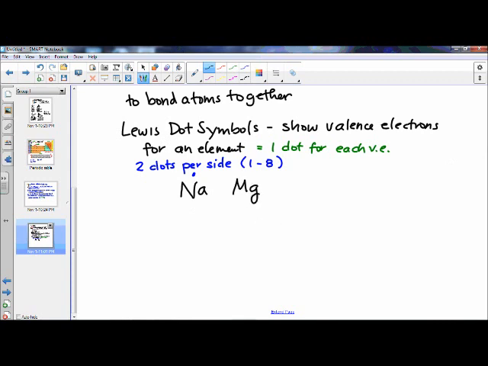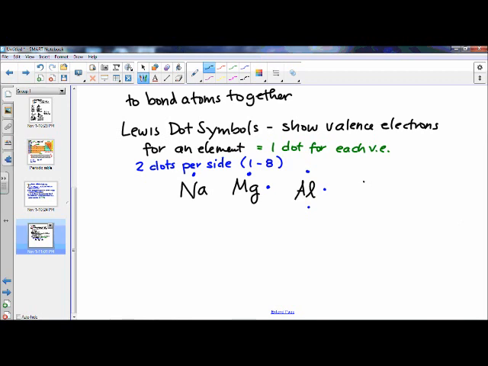I'm going to choose magnesium as a member of that family. It has 2 dots. Now note that I have to put 1 dot on each side before I can put 2 dots. Then we have aluminum, a member of the boron family. They're in the family called 3A in the numbering system. That means they have 3 valence electrons. So I get 3 dots for the Lewis symbol.